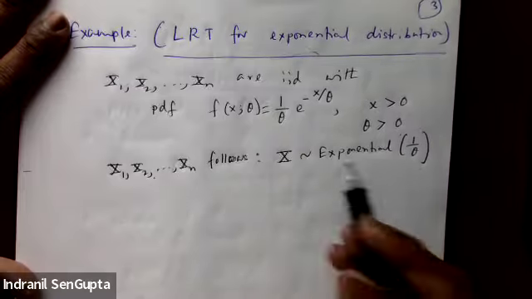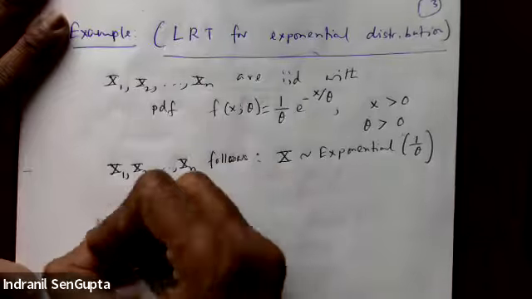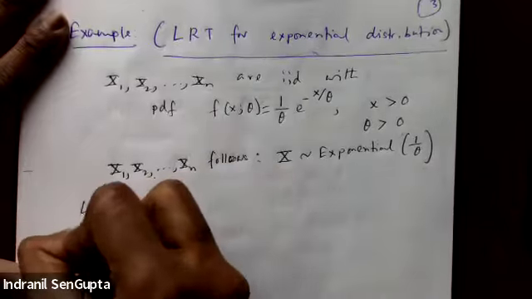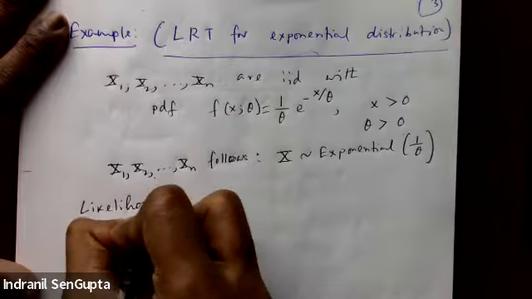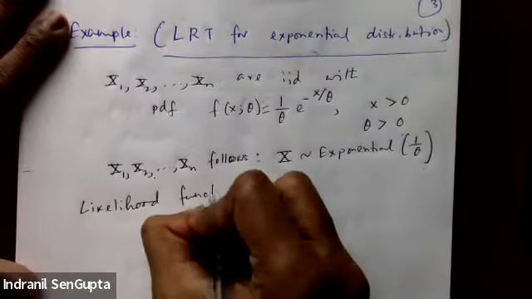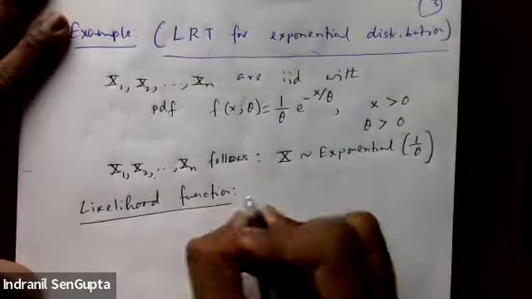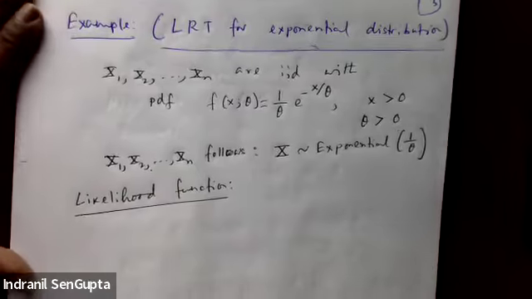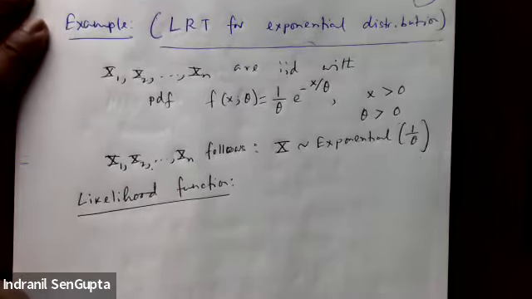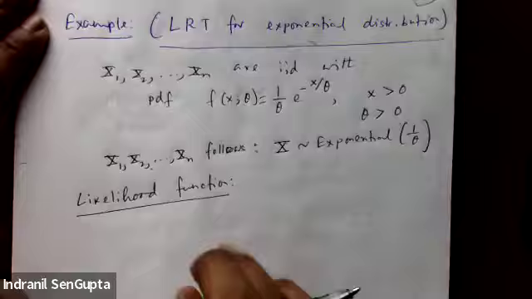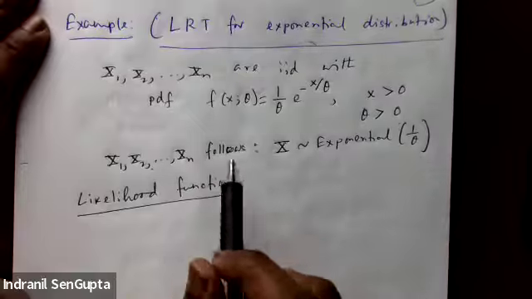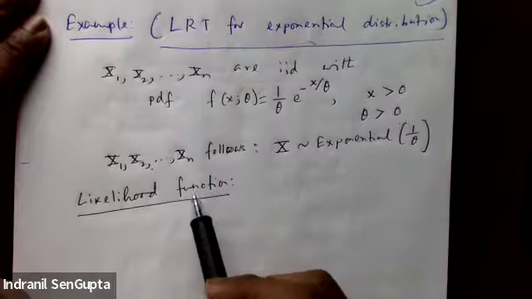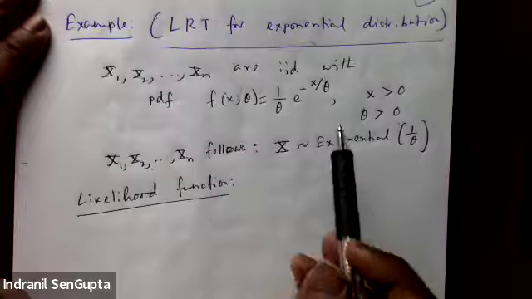Okay, now here, what is the likelihood function? I'll not try to find the maximum likelihood estimator because we have done it. I'll refer you back to one of the first lectures, maybe the second lecture, when we computed the maximum likelihood estimator for the exponential distribution.